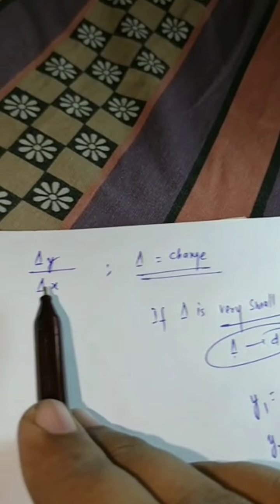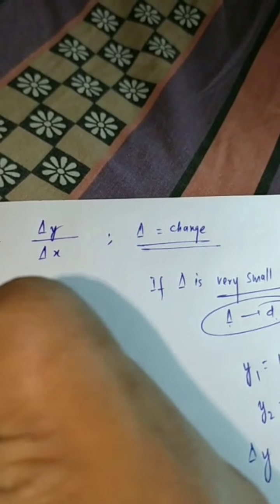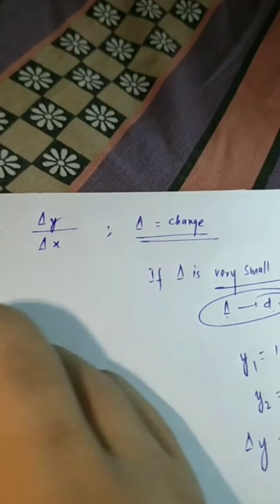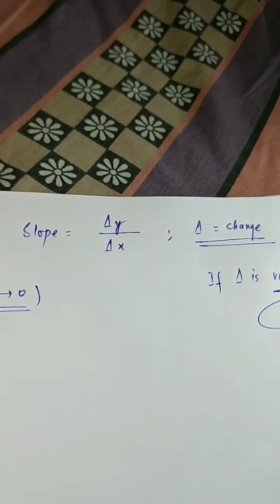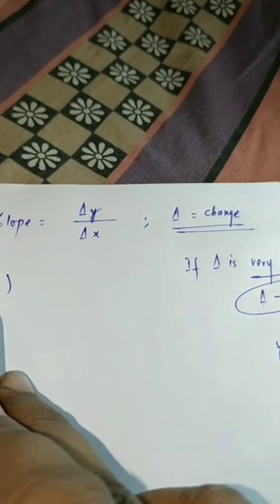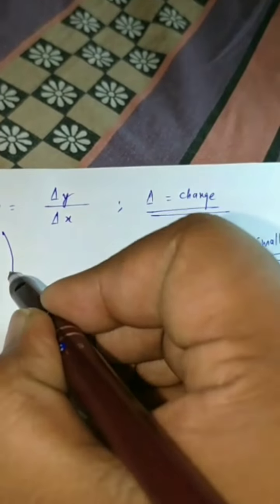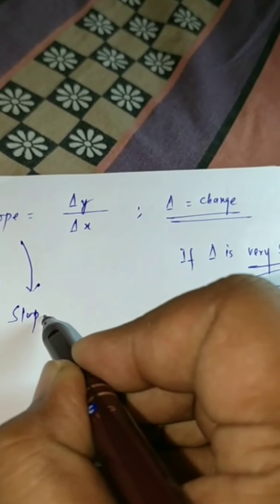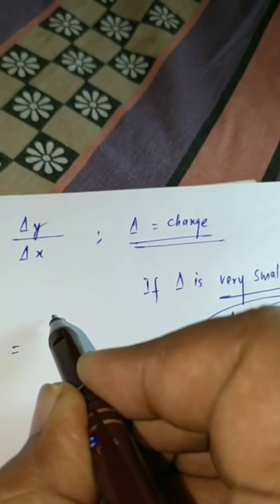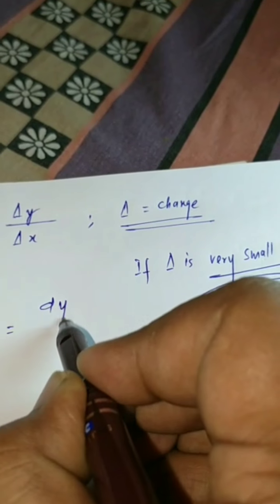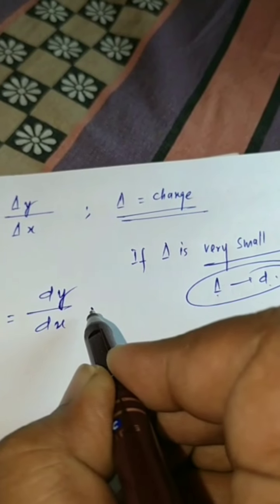So here we are making one small assumption that delta is tending to 0. What is the meaning of delta tending to 0? It means the change is very small, and that is why slope can now be written as, instead of delta y by delta x, dy upon dx.